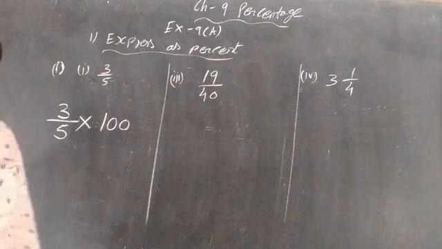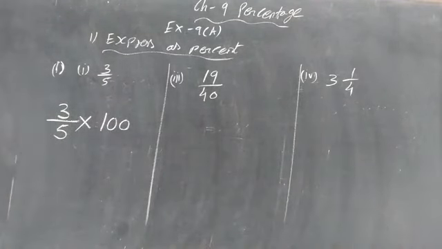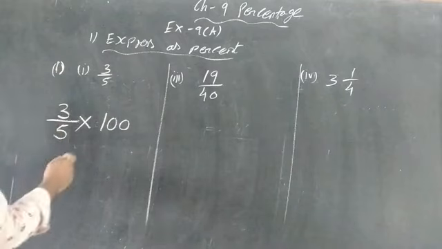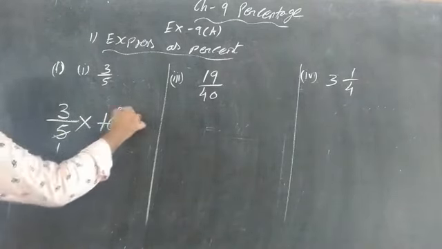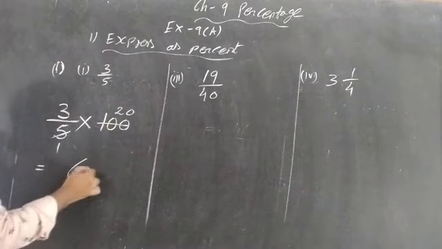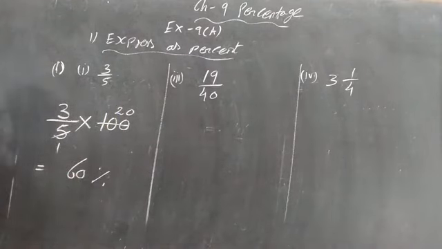Why 100? Because percent means out of every 100. So we multiply 3 by 5 into 100. Cancelling with the 5 table, 5 ones are 5, 5 twenties are 100, which is equal to 60 percent. This 3 by 5 means 60 percent.